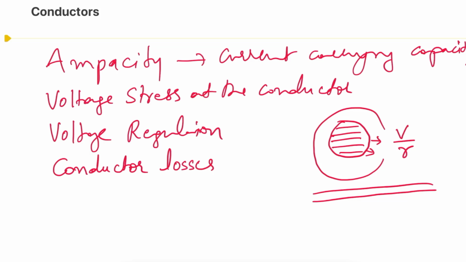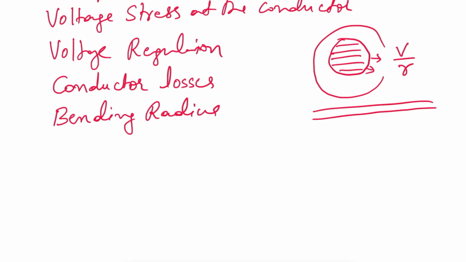And then bending radius. The cable needs to be installed in several places where there may be a requirement of bending the cable. But it depends on the nature of the conductor. For example, if it is a single solid conductor, you cannot bend very sharp. There is a problem.